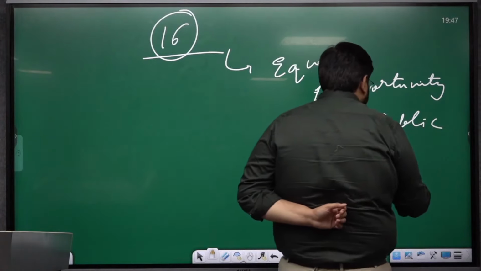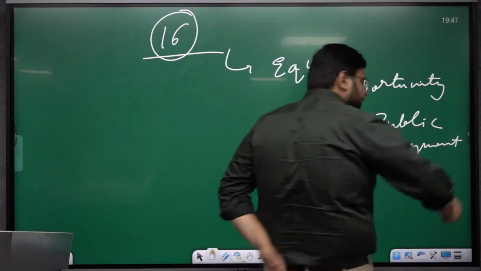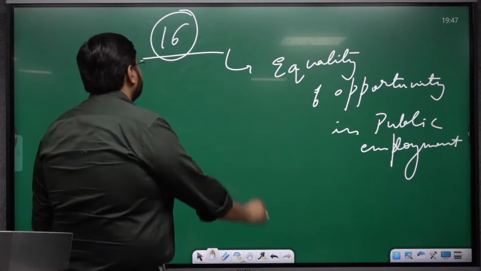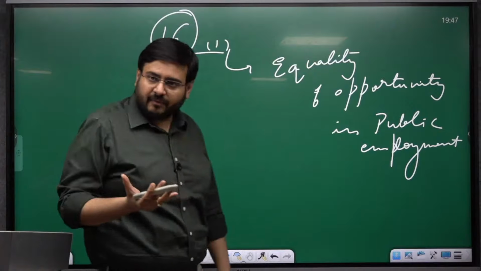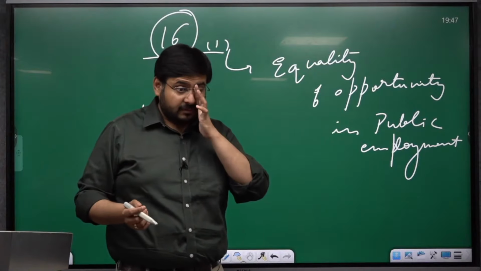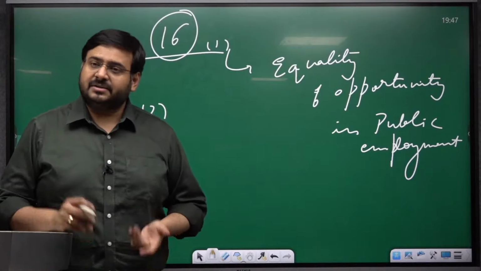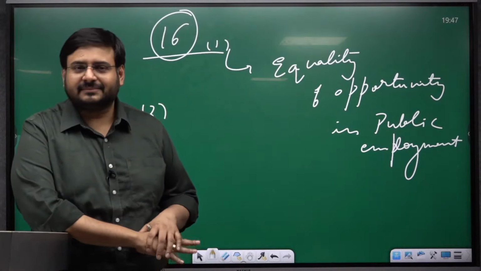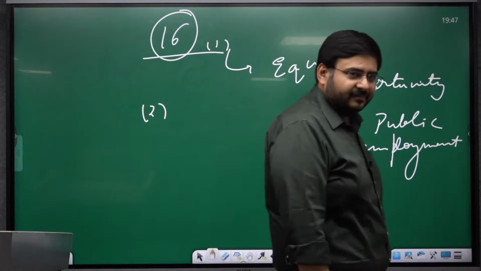So Article 16 means the equality of opportunity in public employment. This is the first article, 16. Then there is 16.2. The state shall not discriminate while providing public employment on the grounds of how many grounds? Same as 15, and one more, right? 7 are there.